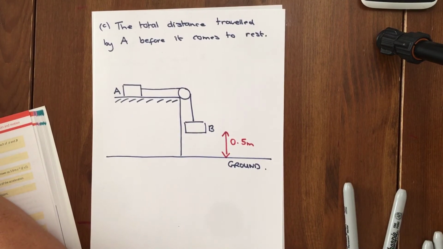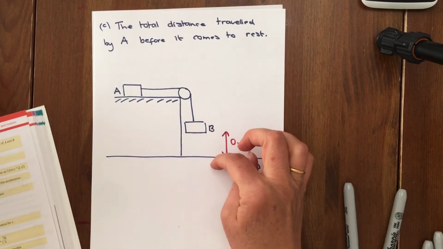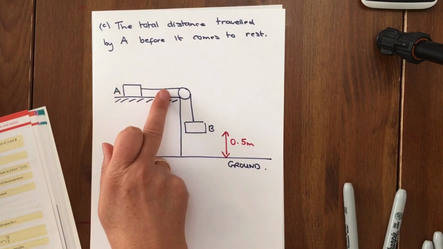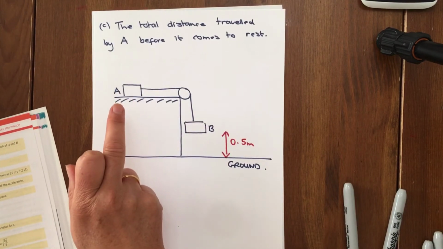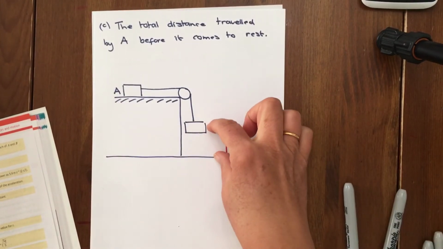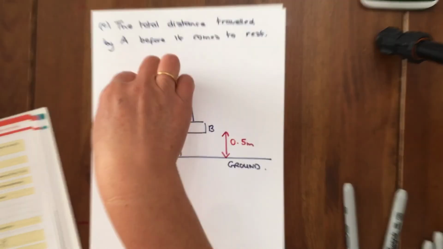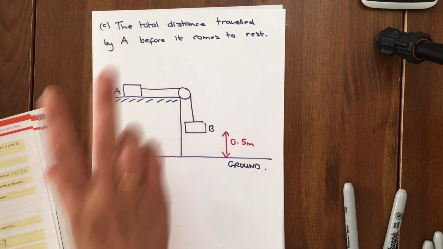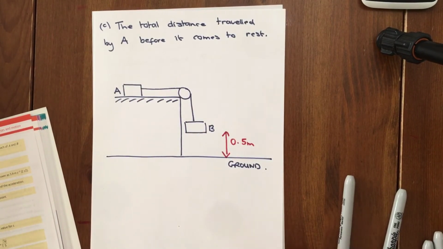So what is happening is as B is falling down 0.5 meters, A is travelling 0.5 meters. Okay, so this will travel 0.5 and this will travel 0.5. Okay, so that's the first bit.